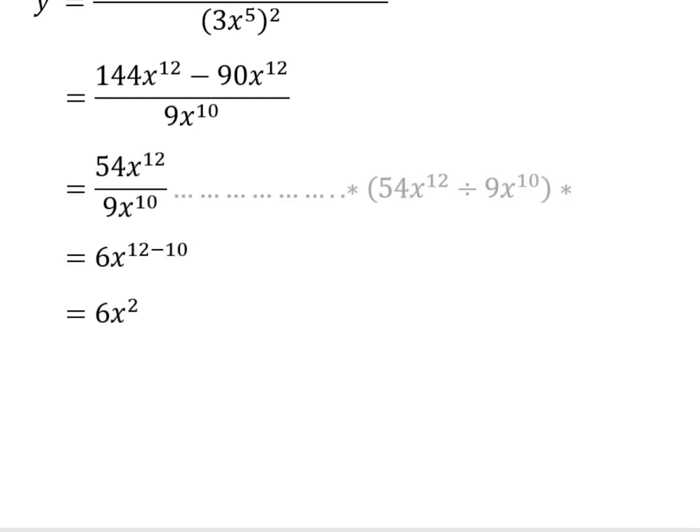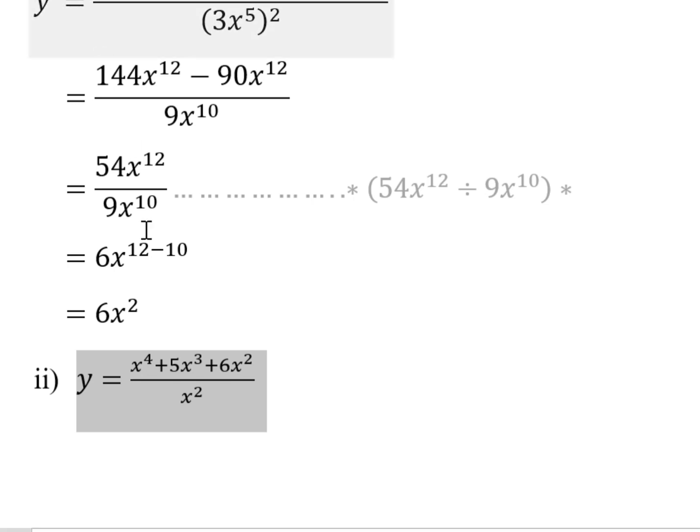In the second question, you also note that y is written in terms of two subfunctions, which are x raised to power 4 plus 5x cubed plus 6x squared. That's one function, and the other one is x squared. What connects the two is a division sign, because we know over means divide by. Therefore, quotient rule will still be used.